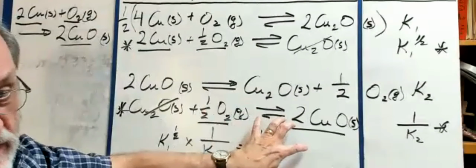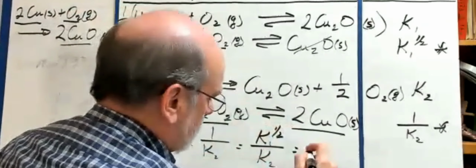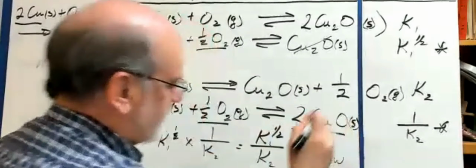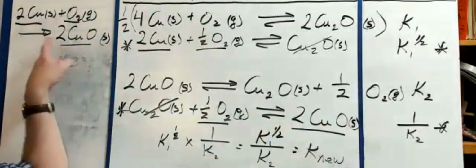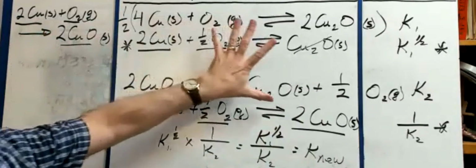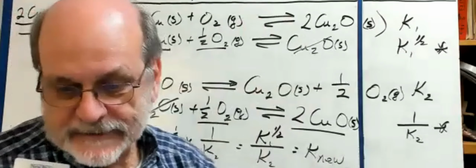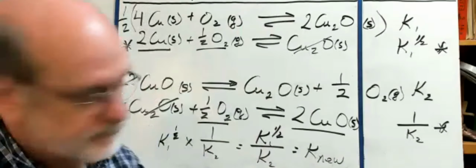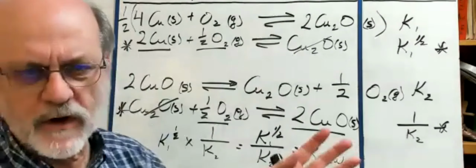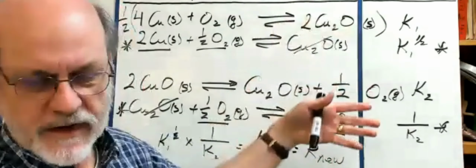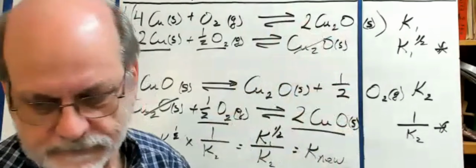That's our new K value right there for this combined reaction based upon these two. Okay, that's what I wanted to show you. What do you do with K's when you add equations together?